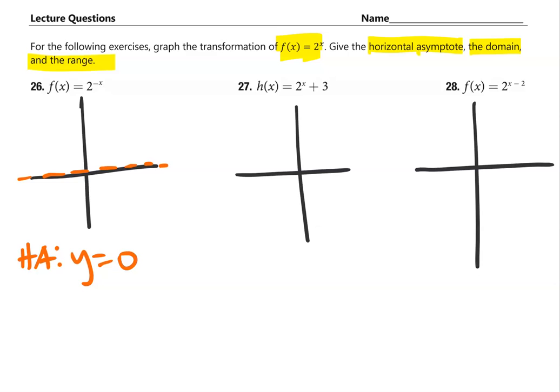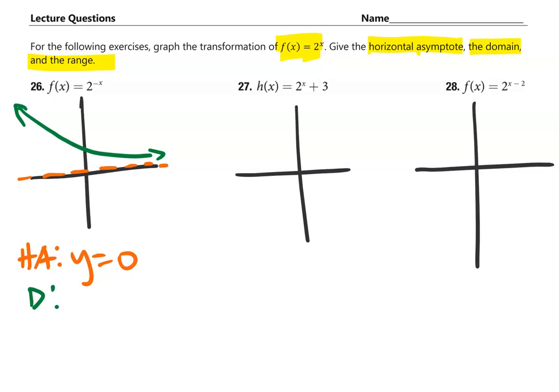And from the previous page, we called that a horizontal reflection. So you have it like this, the graph of 2 raised to negative x. Now what is the domain and range of this?